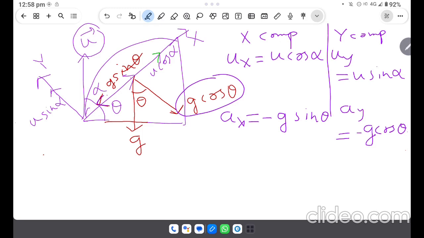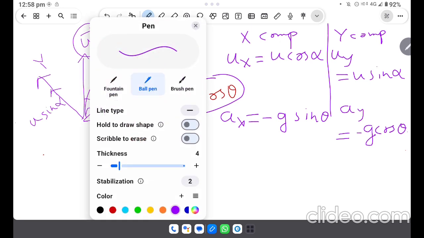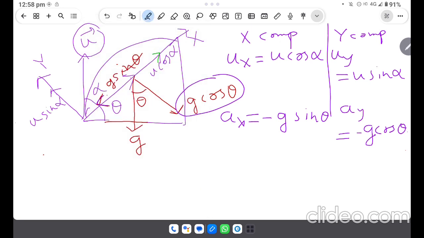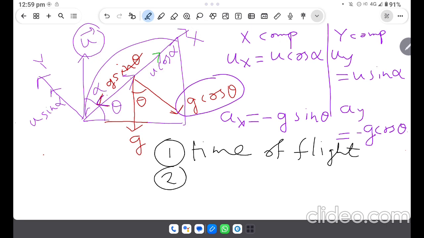Now finally we are ready to find out the three most important things. Number one, the time of flight. Number two is the maximum height. And number three is the range.